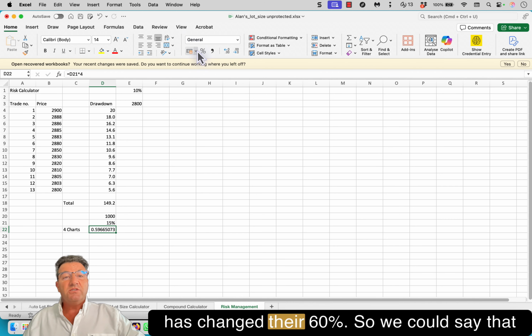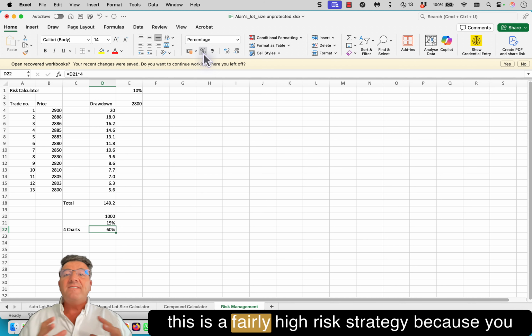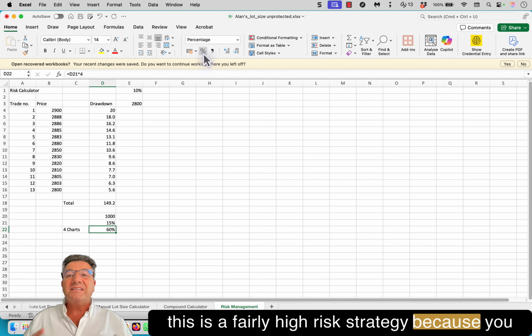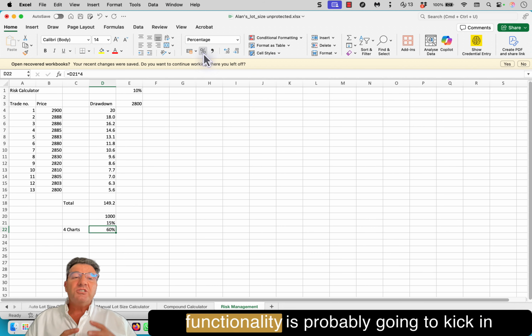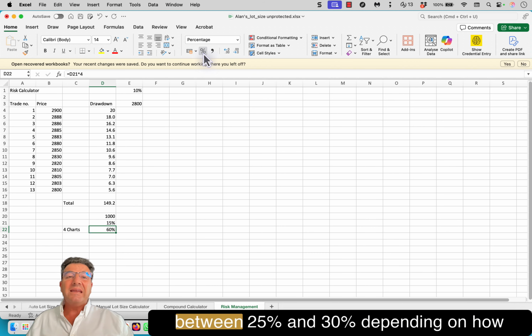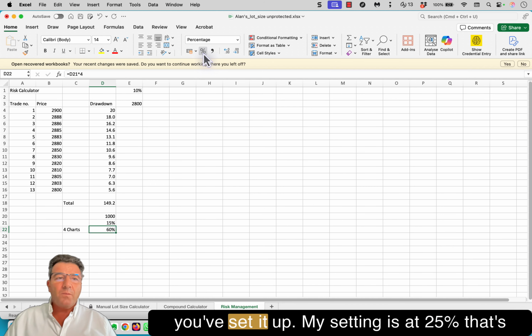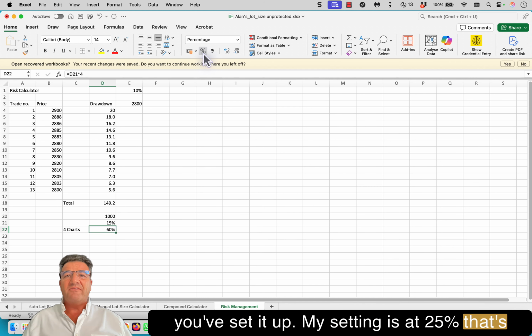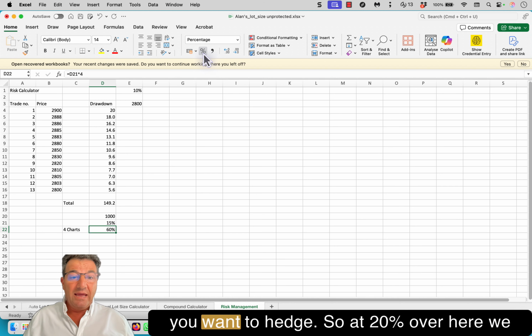So we'll just change that to 60%. So we could say that this is a fairly high risk strategy because you have a hedge functionality, and the hedge functionality is probably going to kick in at between 25 and 30%, depending on how you've set it up. My setting is at 25%. That's when I like to hedge, but it's up to you when you want to hedge.